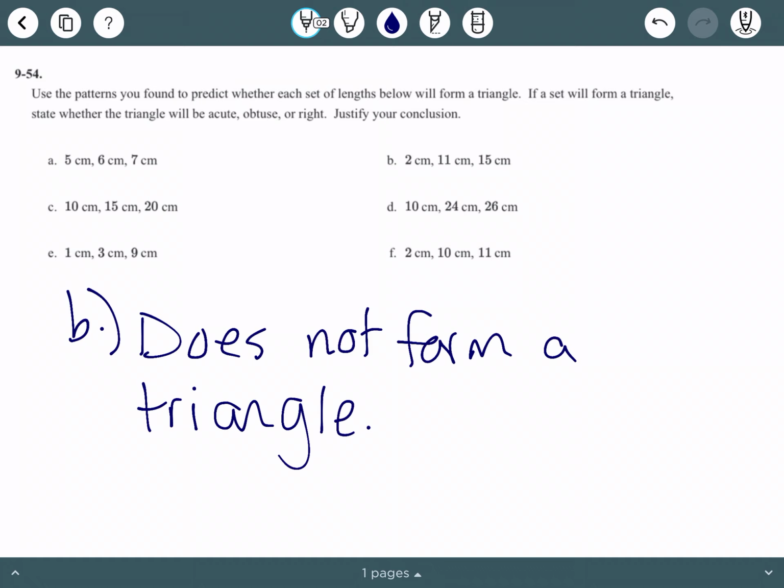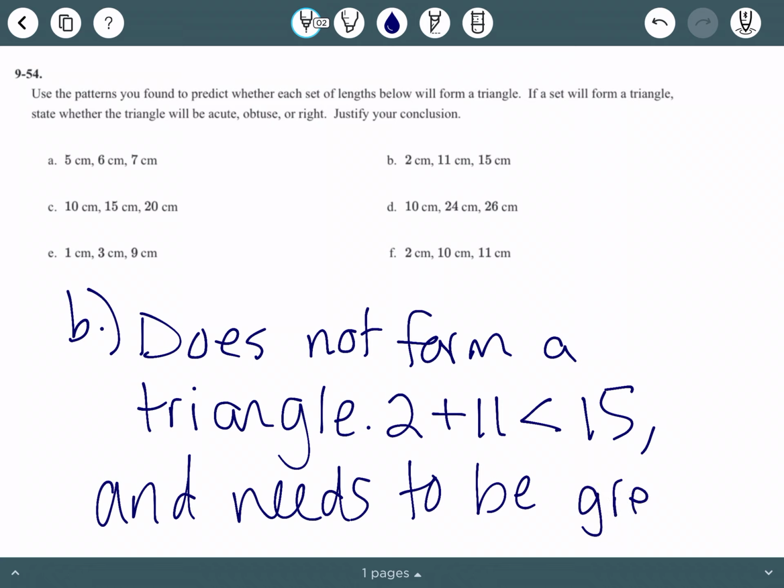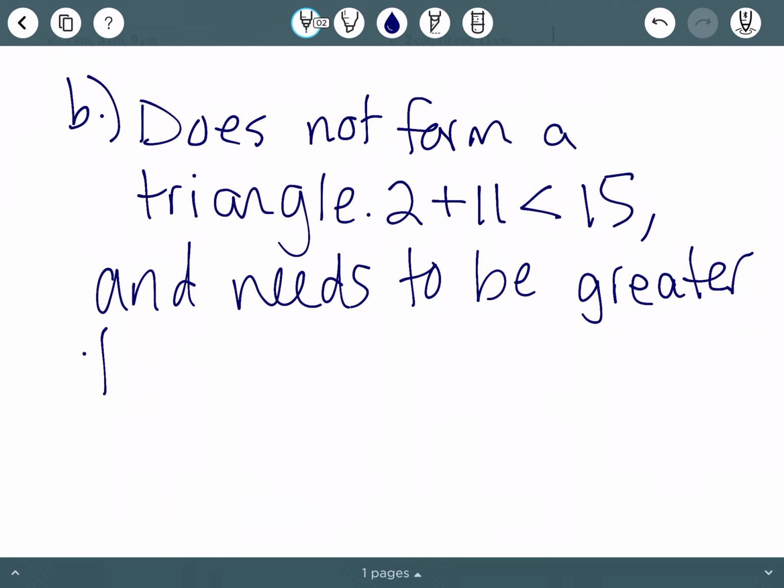Now remember, the reason is because we do have to justify here. So 2 plus 11 is less than 15, and needs to be greater than 15 in order to have a triangle.